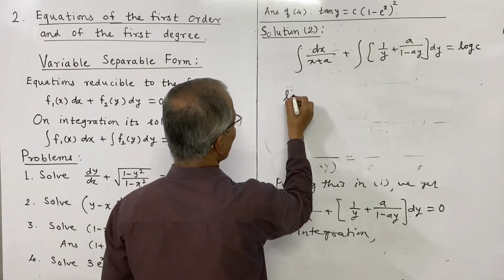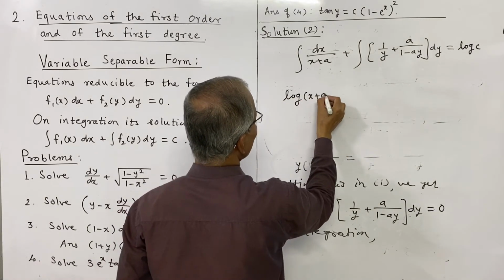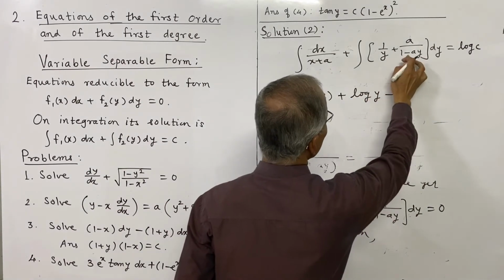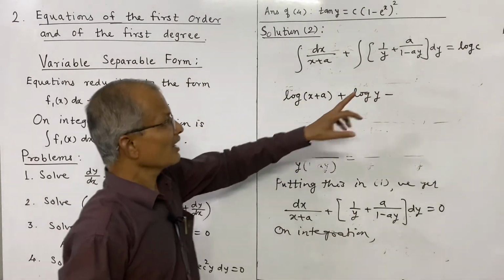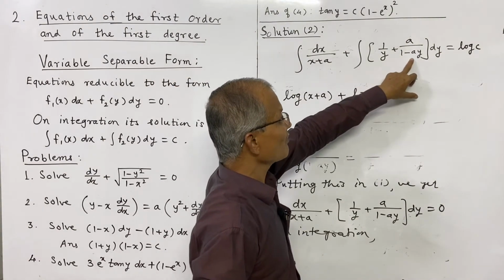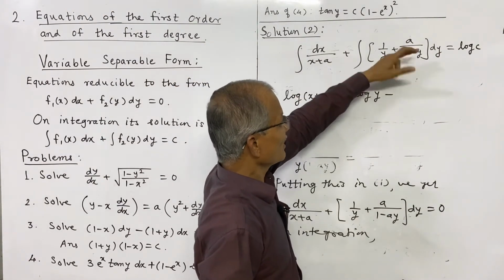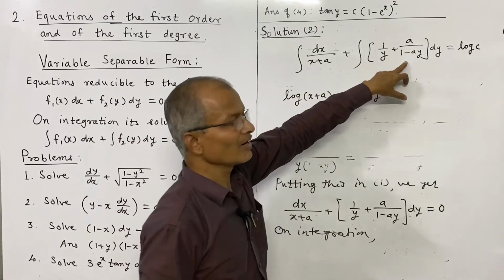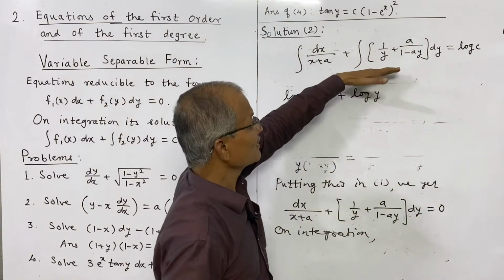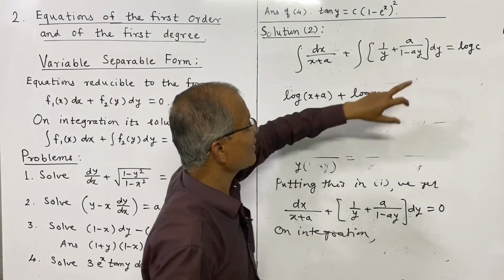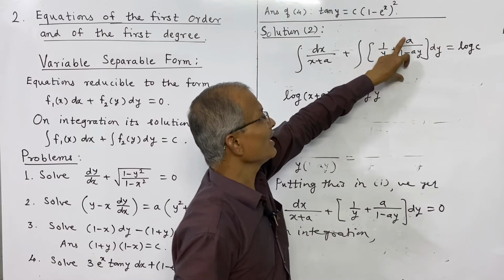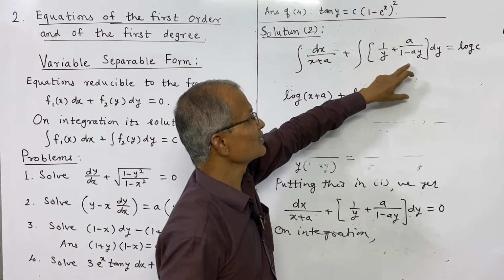this will be log of x plus a plus log of y, and you see this value is again log of 1 minus ay. A is constant, log of 1 minus ay, and it is to be divided by the coefficient of y, that is minus a, or that will be a divided by minus a, which is minus.